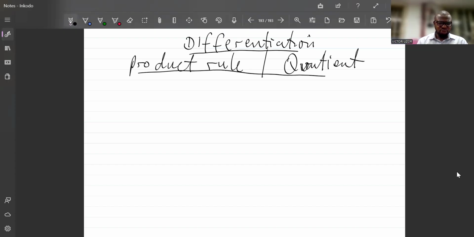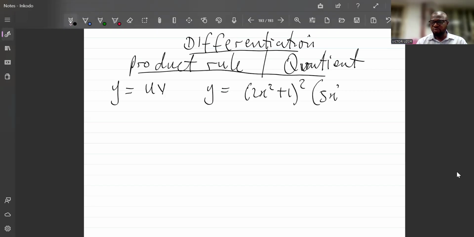The product rule is when you have a function in the form of uv. For example, when you have an equation where y equals (2x squared plus 1) raised to power 2, multiplied by 5x squared plus 5.